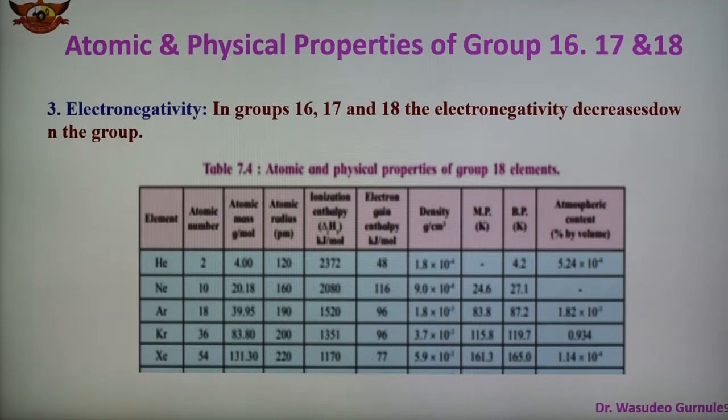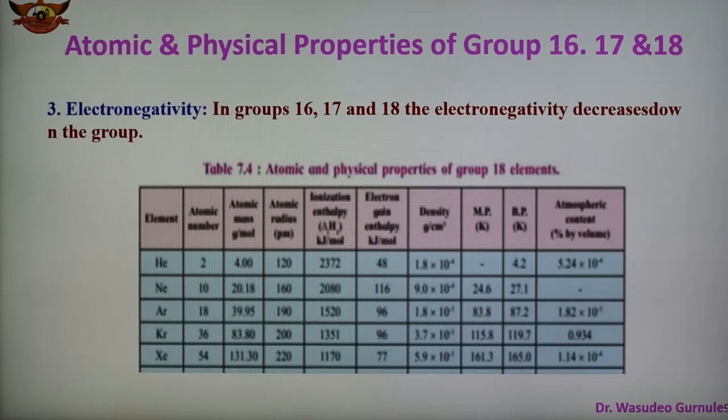Group number 18 cannot show the addition of electrons, so they cannot show electronegativity. In the halogen family, the electronegativity is shown and it is high. In case of noble gases, the group number 18, they do not show any electronegativity because they have stable electronic configuration.